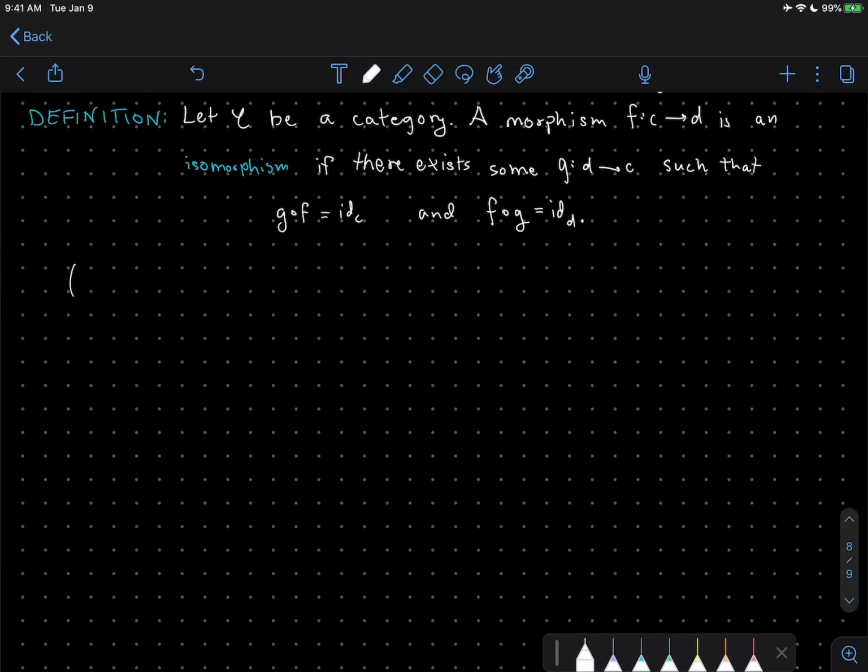One thing that you could have in the back of your mind is a category is like a monoid with multiple elements. A monoid with multiple objects.